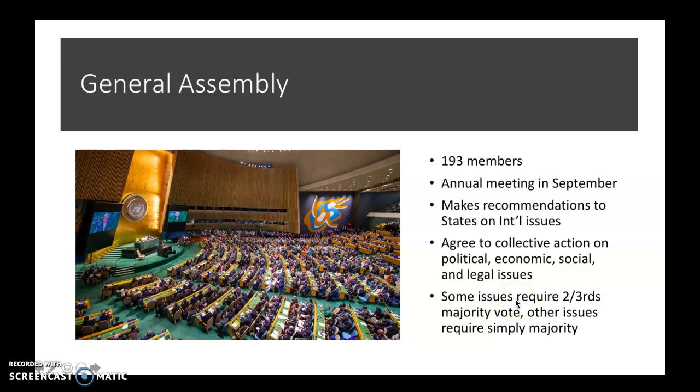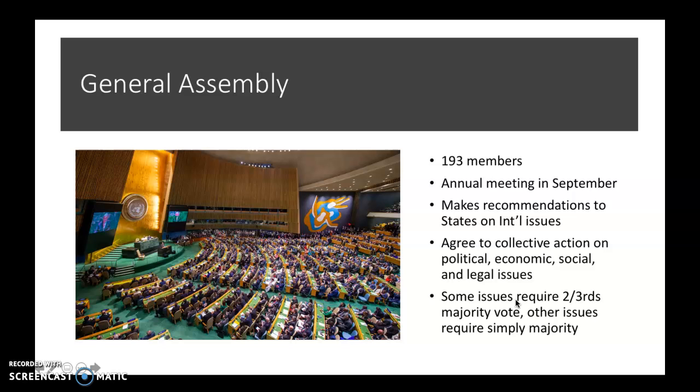Last thing I want to note, when it comes to resolutions, oftentimes there is only a simple majority required to pass a resolution. Let's say that resolution is on development or climate change. However, there are other times in which a supermajority is required.